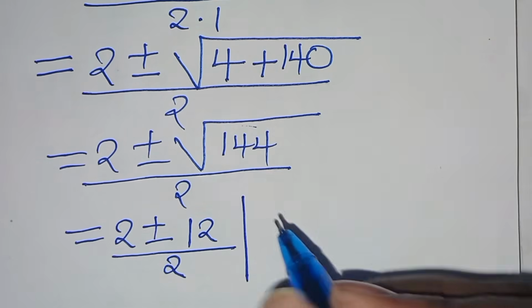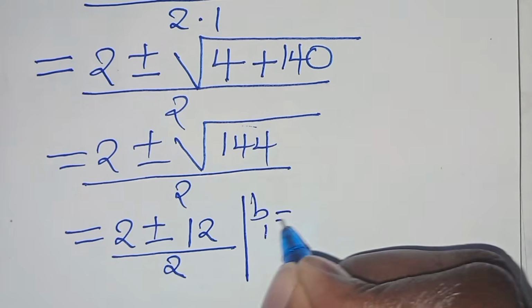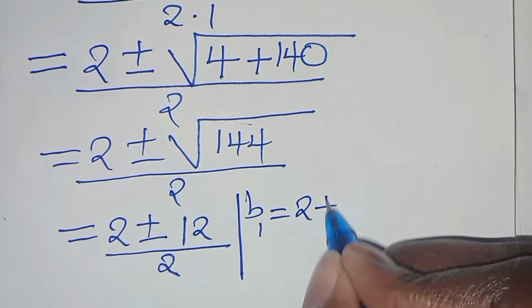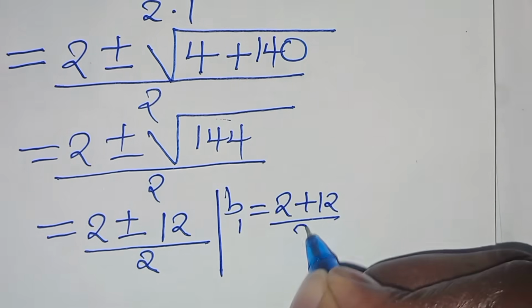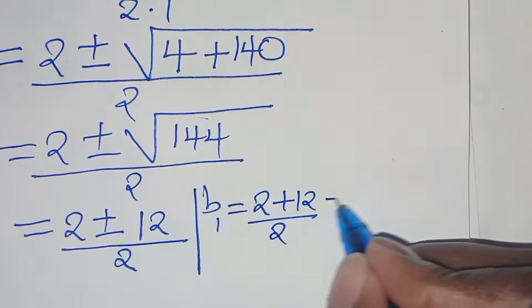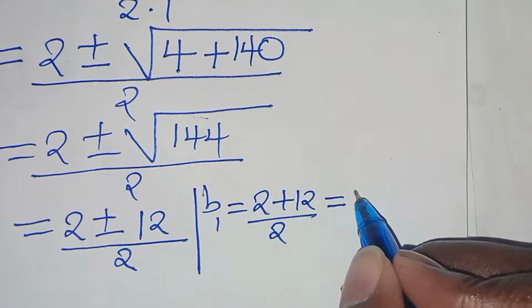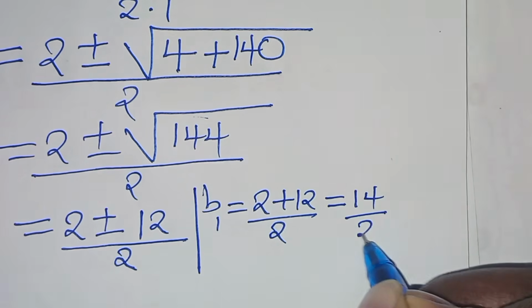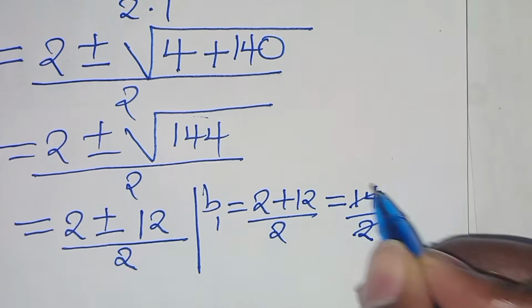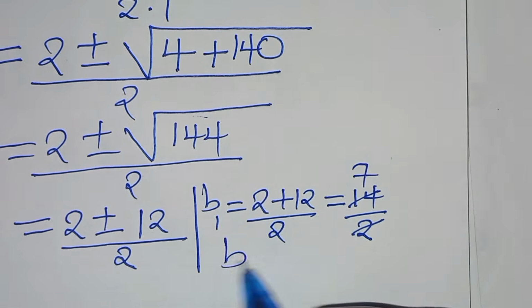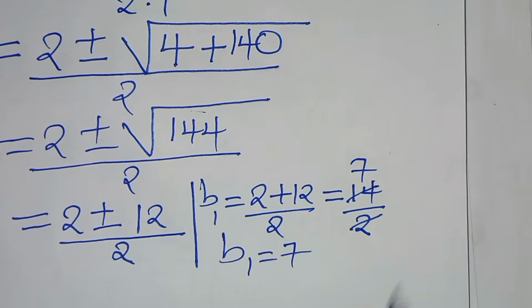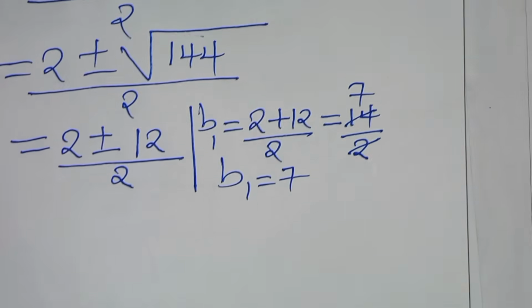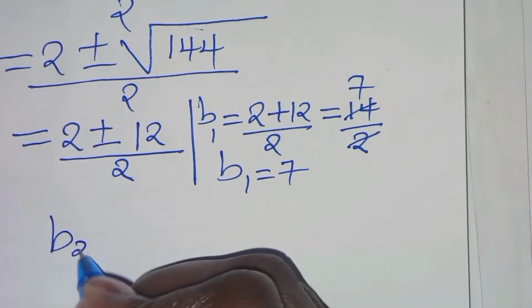So this implies that B1 is equal to 2 plus 12, everything divided by 2. So 2 plus 12, this is 14 divided by 2. So now we have that B1 is equal to 7. Now we have B2 from here.